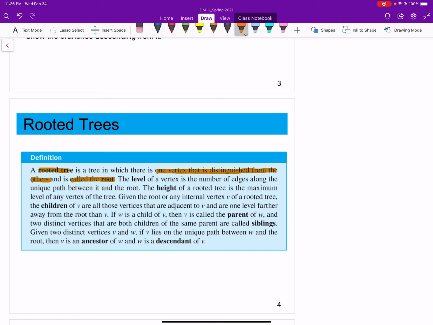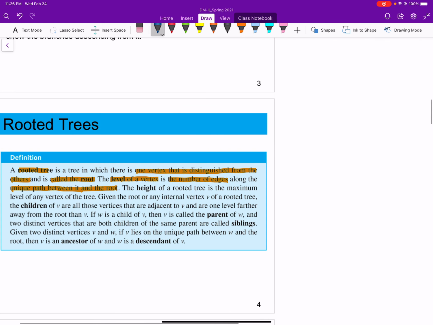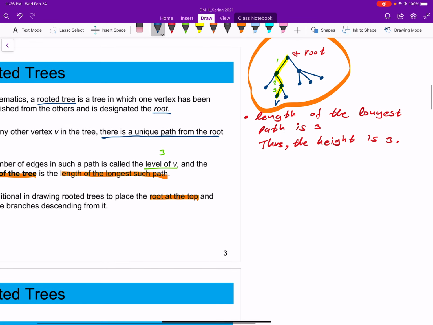The level of a vertex is the number of edges along the unique path between it and the root. I have just shown this earlier. The level is 3 in the previous case.